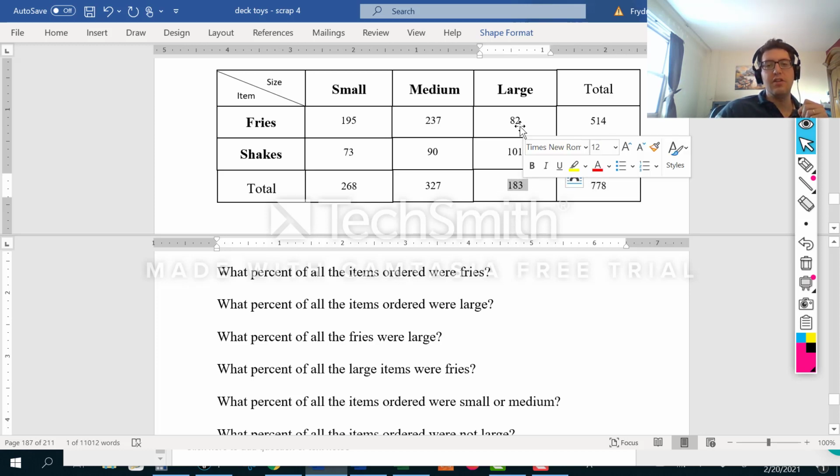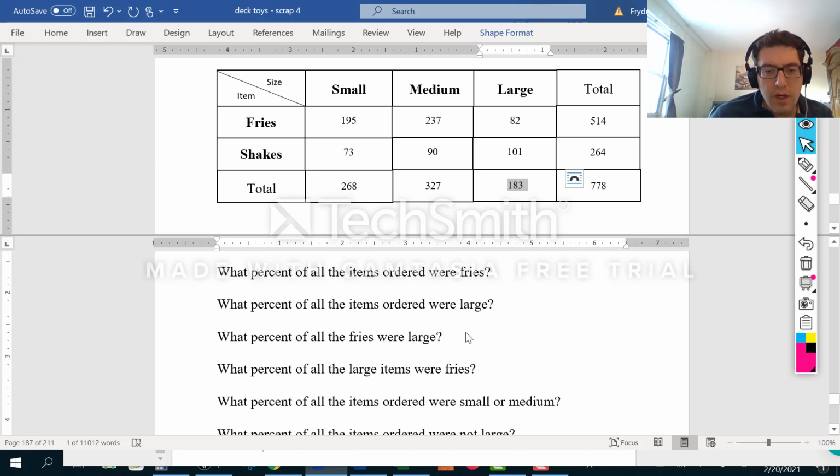That's 183 large items were ordered. 82 of them were fries, 101 of them were shakes, but that doesn't really matter. The total number of large items was 183. The total number of items altogether was 778. So what percent of all the items, what happened here?